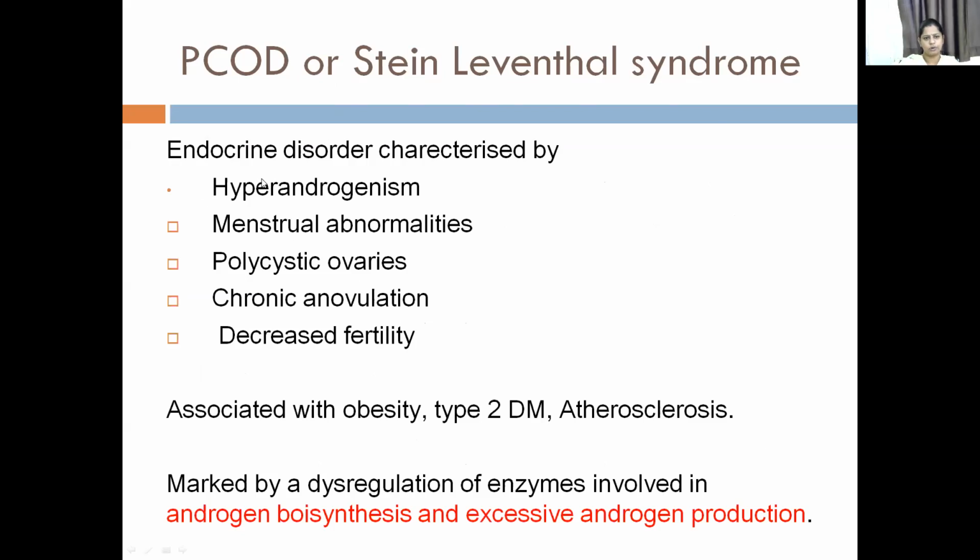It's basically an endocrine disorder characterized by hyperandrogenism, that is increased androgen, menstrual abnormalities, multiple cysts in the ovaries, and chronic anovulation, leading to decreased fertility. It is usually associated with obesity, type 2 diabetes mellitus, and atherosclerosis.